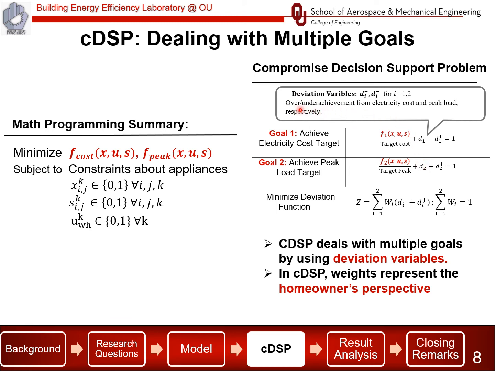Deviation variable means over and under achievement from the current value to the targets. Using this deviation variable, we can minimize the deviation function, which is the linear combination of each deviation pair. So the deviation variable also keeps the weight here, and the homeowner can choose the weight based on their own perspective.